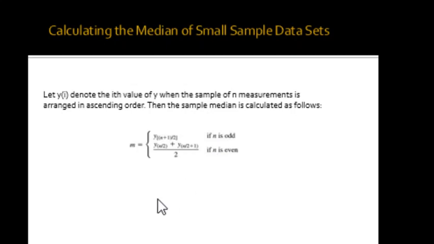If n is odd, then the middle location is n plus 1 divided by 2, and the value of y at that location is the median. If n is even, then we have two numbers in the middle, so we take the average of those two to get the median. So it will be the observation at the location n divided by 2, and then n divided by 2 plus 1.